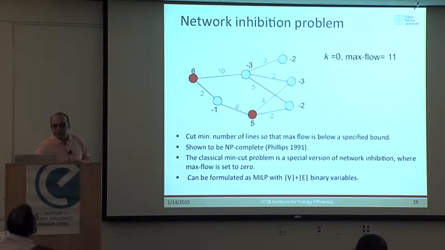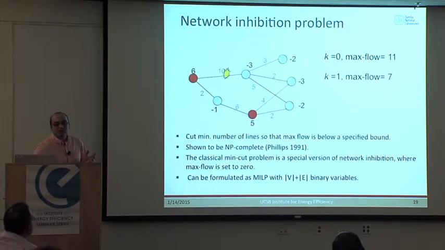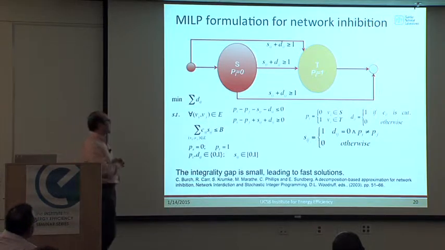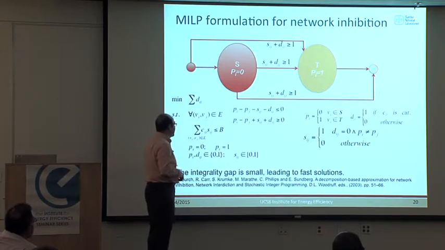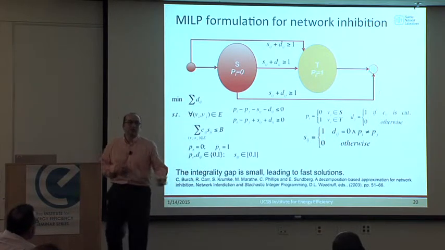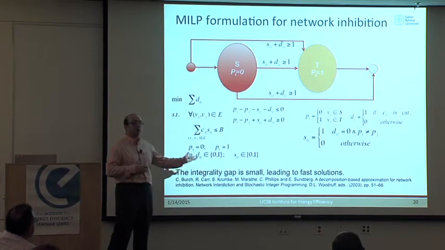All right, so I already told you about the network inhibition problem. I'll try to speed up and tell you what else we do. For the network inhibition problem, we know how to solve this thing. In practice, I've not described the exact formulation, but if you're into optimization, the integrality gap for these problems is very small.